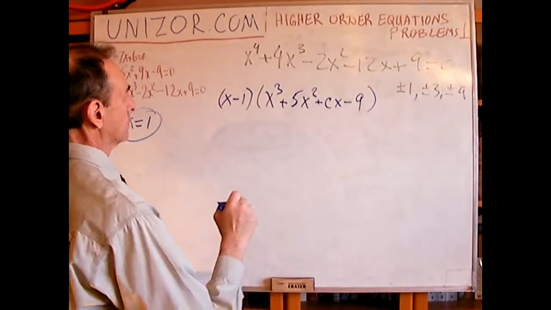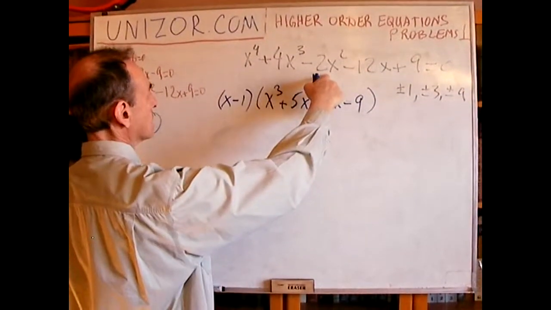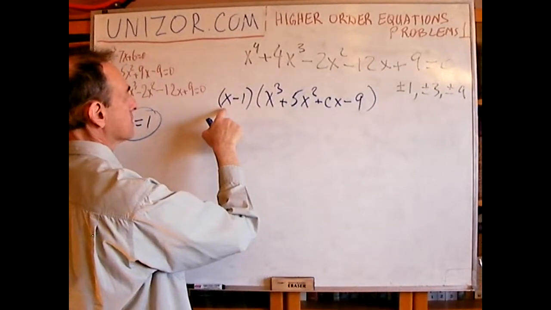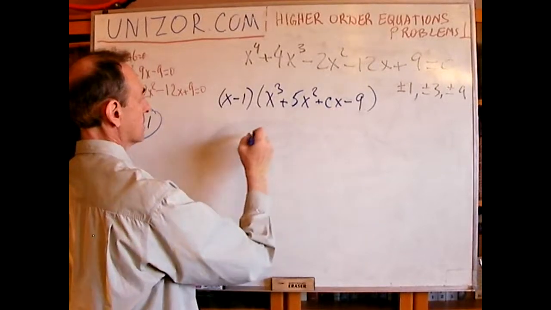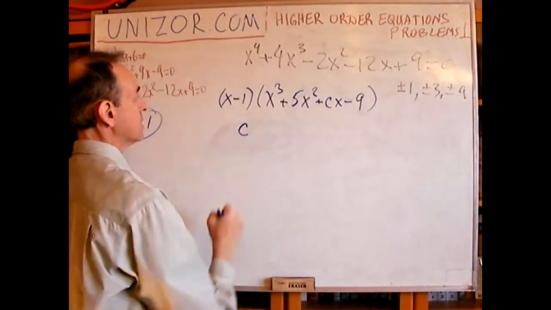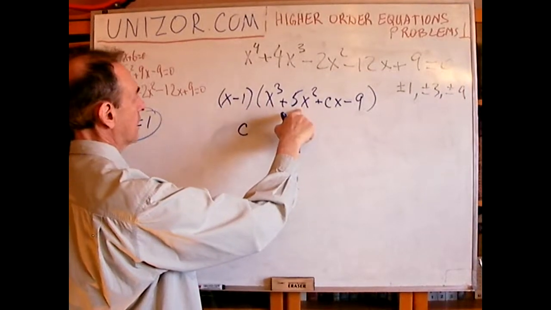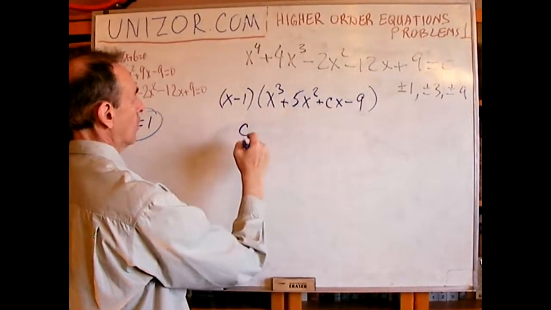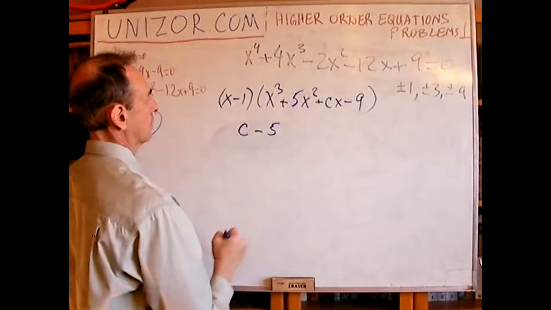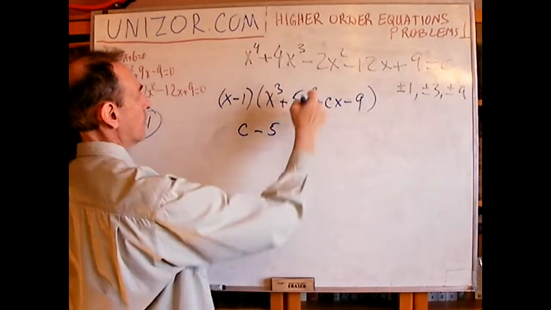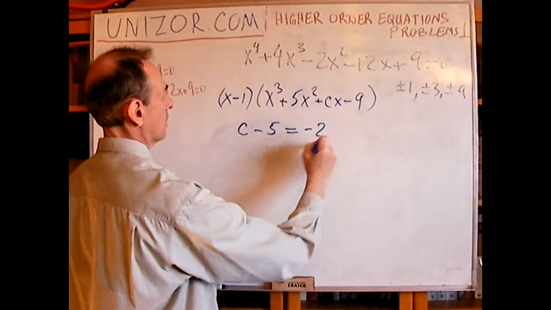Alright, let's think about x squared. How can x squared be obtained? First of all, it's x times cx, which will be cx squared. And secondly, minus 1 times plus 5x, which is minus 5. So we have c minus 5, coefficient at x squared. It's supposed to be equal to minus 2.